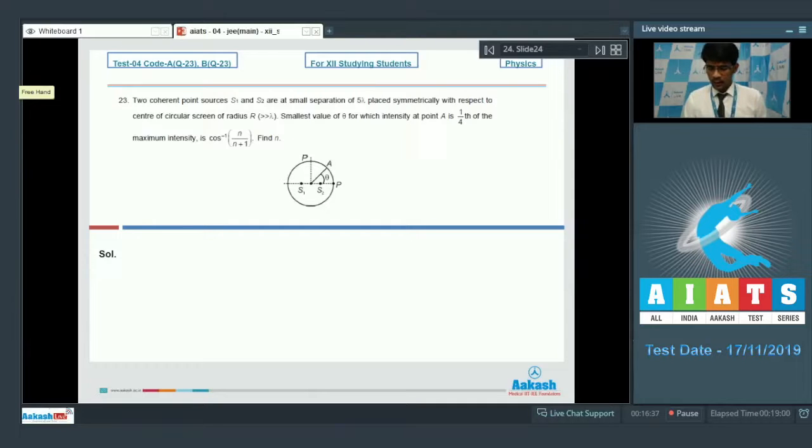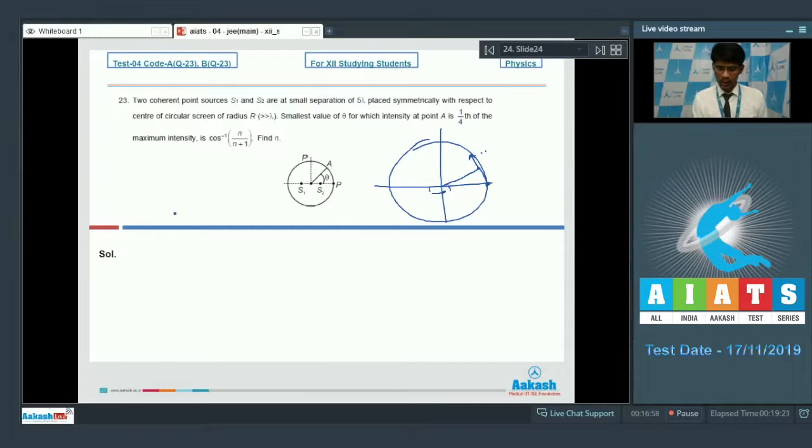Well, this distance being 5 lambda, the maxima of 5th order will be forming along this direction. Definitely somewhere around there will be the maximum of 4th order, and in between the intensity would be less than the maximum value. It's been given the intensity here to be 1/4 of the maximum.